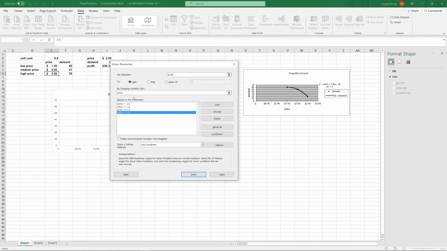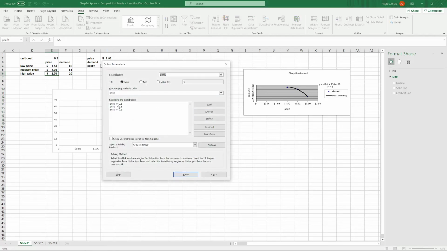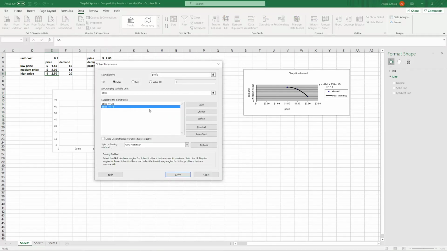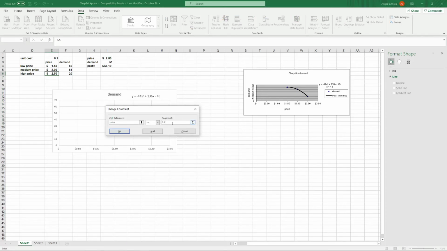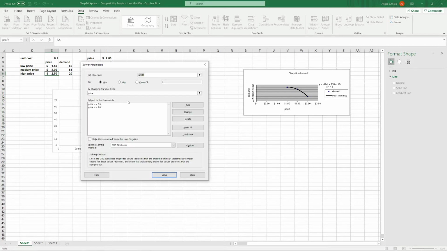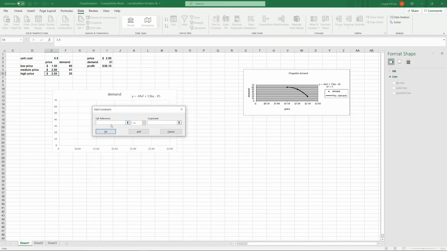If you have additional ones or you make a mistake, you can delete them. So I'm deleting the duplicates here that were there from earlier. And if you make a mistake or whatnot, you can click change and go adjust if you made a typo. Okay. Or if you want to add multiple at a time, you can type out things here and say add.